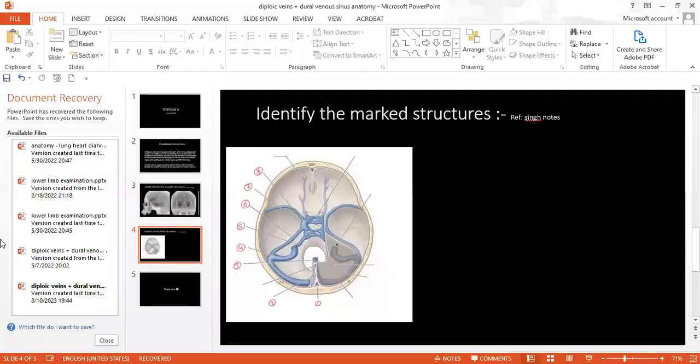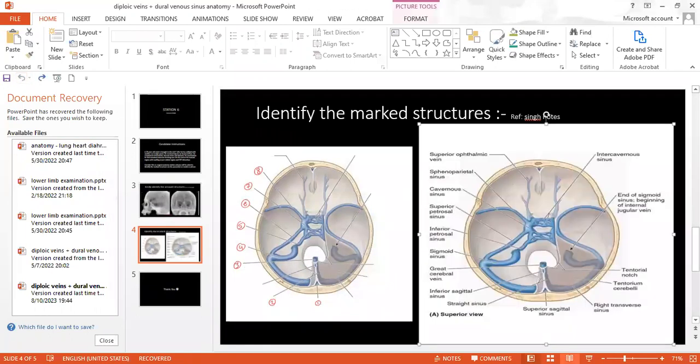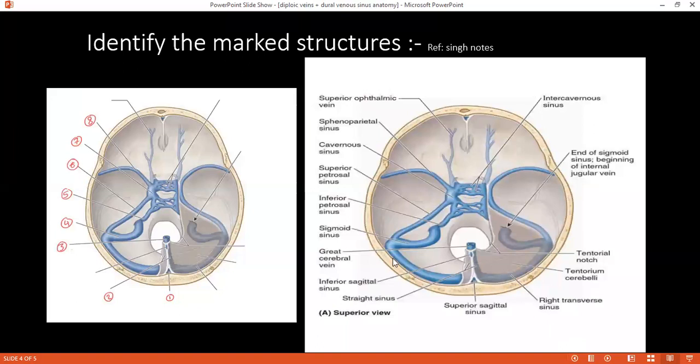Now we can have a look at the answers that you were giving me. So 8 was which one? This one. Sphenoparietal sinus, yes. And I asked you about the superior sagittal sinus. This one. Okay. Straight sinus is this one, 2. And then 3 is the great cerebral vein. And this one is the inferior sagittal sinus.